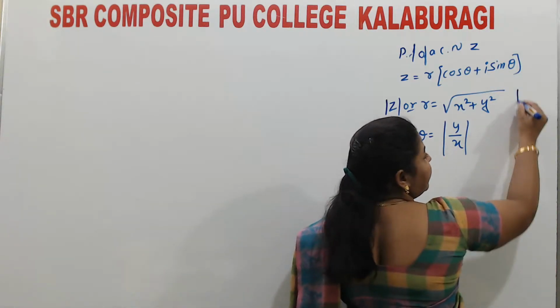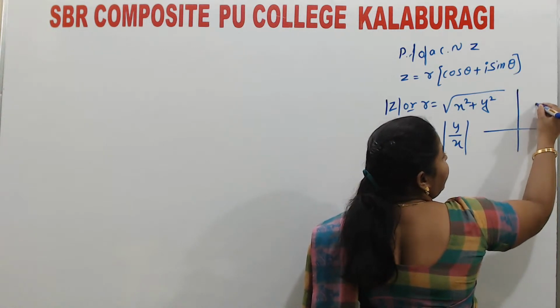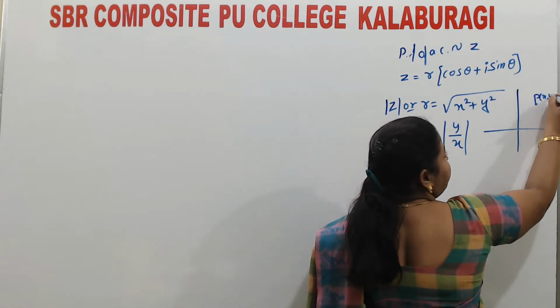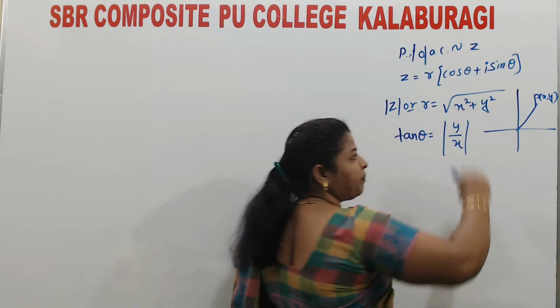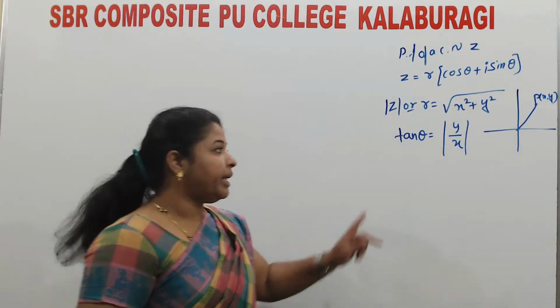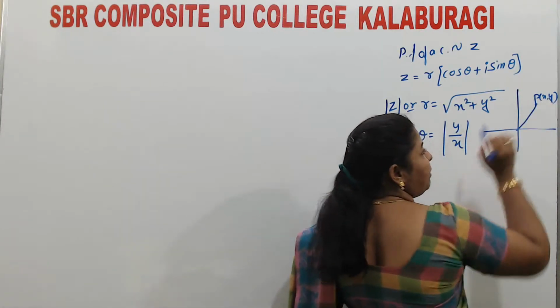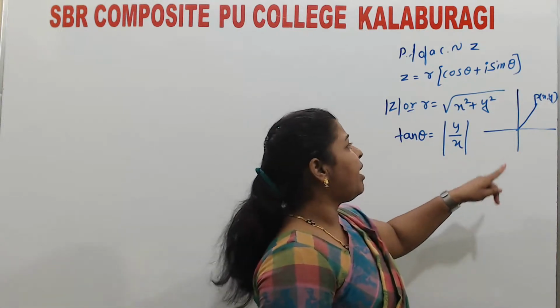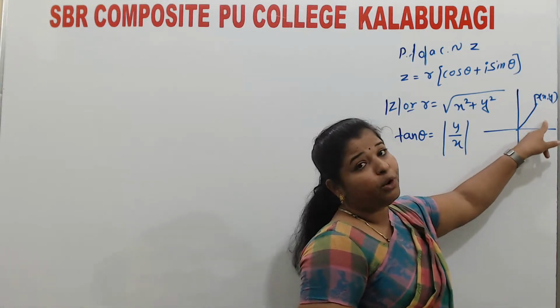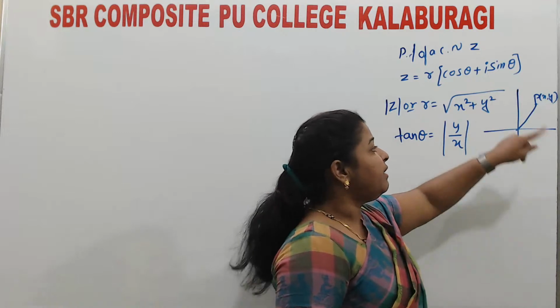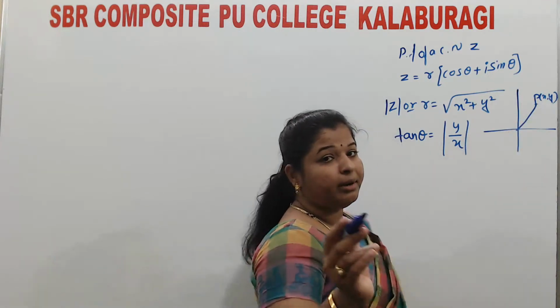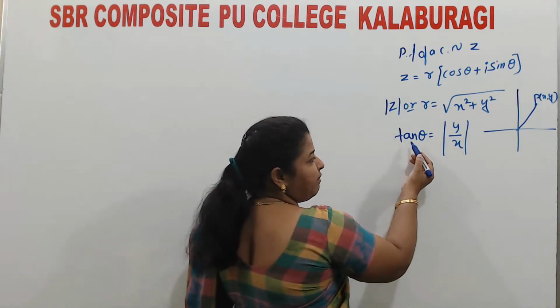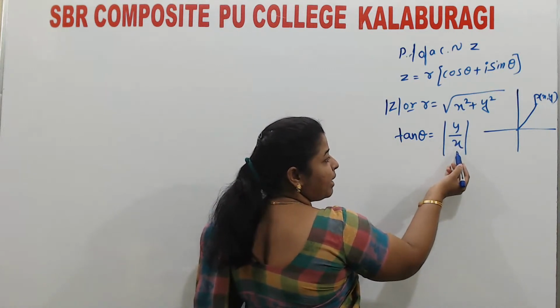How is our diagram? P is any point. In this point, x and y both are positive, which means the points exist in the first quadrant. That's why we consider tan theta is equal to y by x.